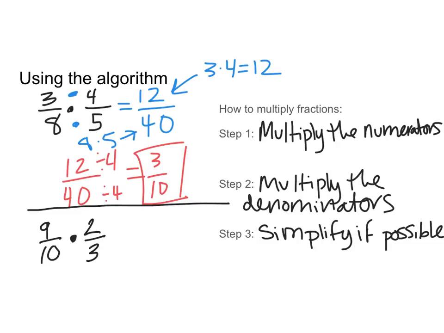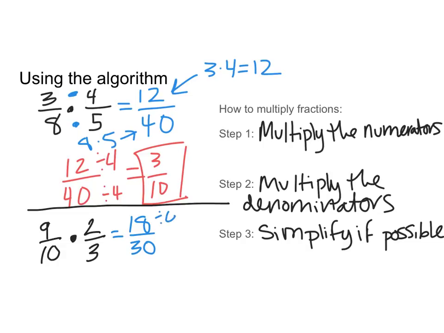Let's go ahead and do this one more time. You're going to do 9/10 times 2/3. Pause and do it now. Following your steps, you should do 9 times 2 is 18, 10 times 3 is 30, and then we need to simplify. 18 and 30 are both divisible by 6.